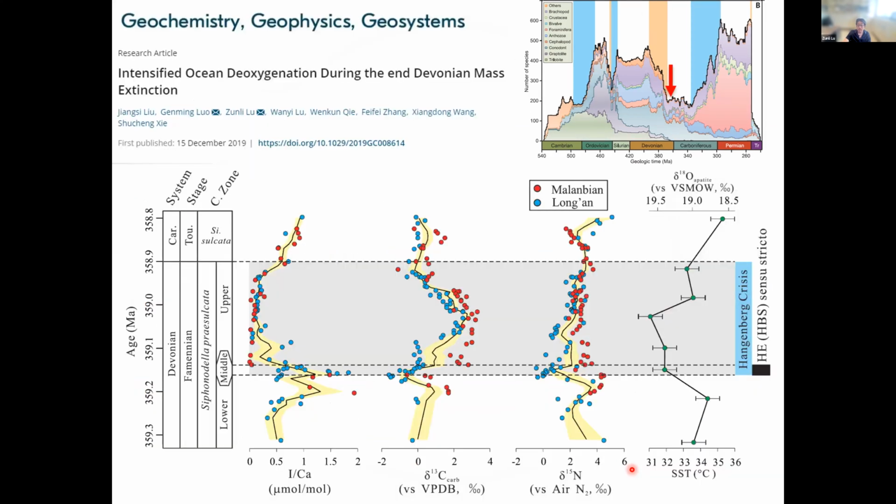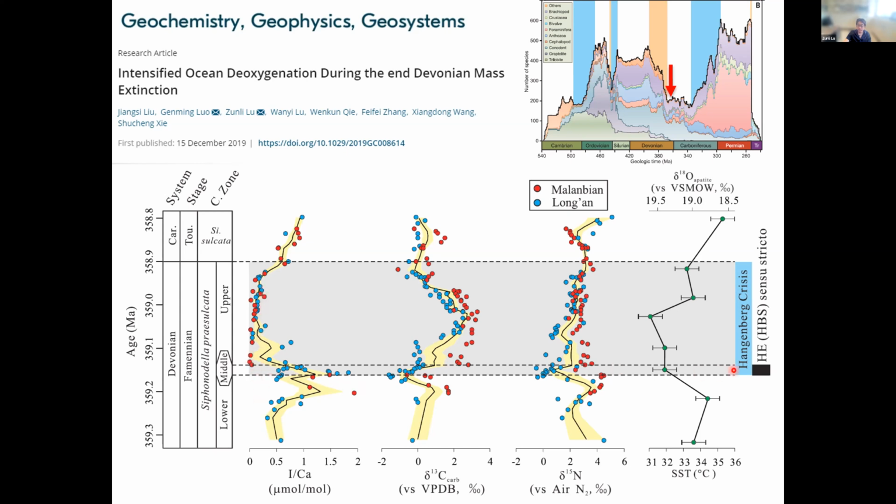Very similarly, this is another major mass extinction that occurred at the end of the Devonian, roughly around this time. So very similar temporal trends that we're seeing. There's a major carbon isotope excursion, and then you see the iodine crash down to very low values.